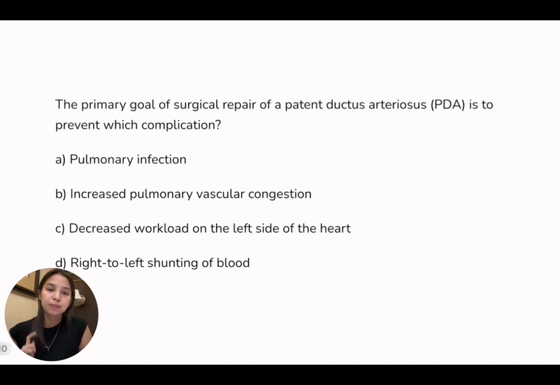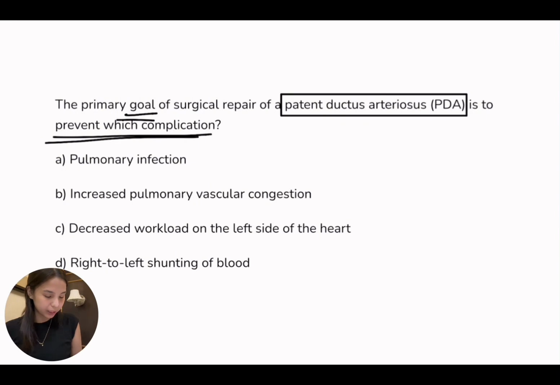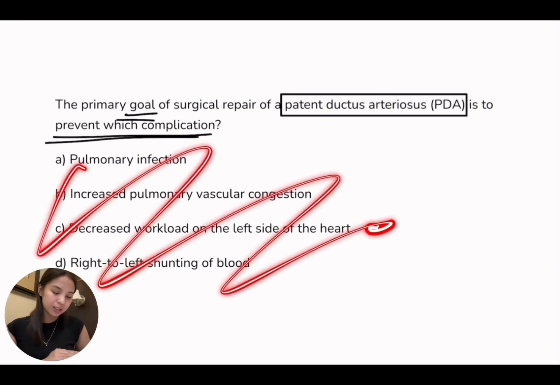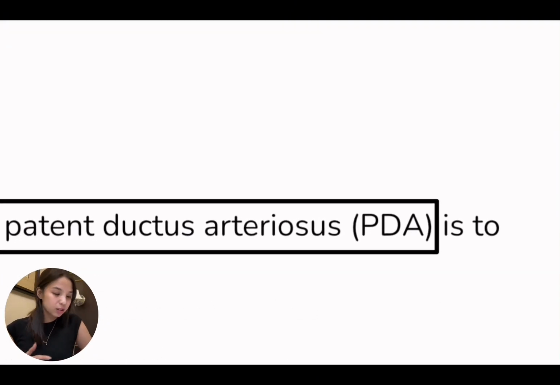You understand? Let's take a look and apply that to this particular question. The primary goal of a surgical repair of a patent ductus arteriosus is to prevent which complication? Let's first list, without looking at the choices, everything that we know about patent ductus arteriosus, because the choices are there to confuse us, right?